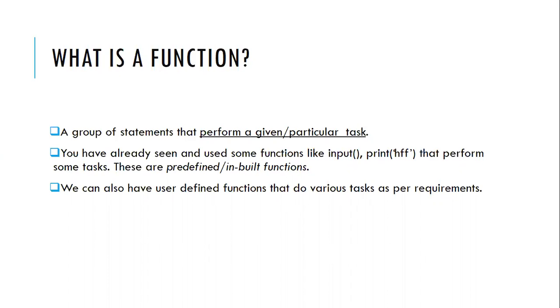For example, I can say sum is the name of a function which will perform addition of two numbers. The same way, I can define another function called difference which will subtract two numbers. So in this way, I can define any number of functions for my purpose.